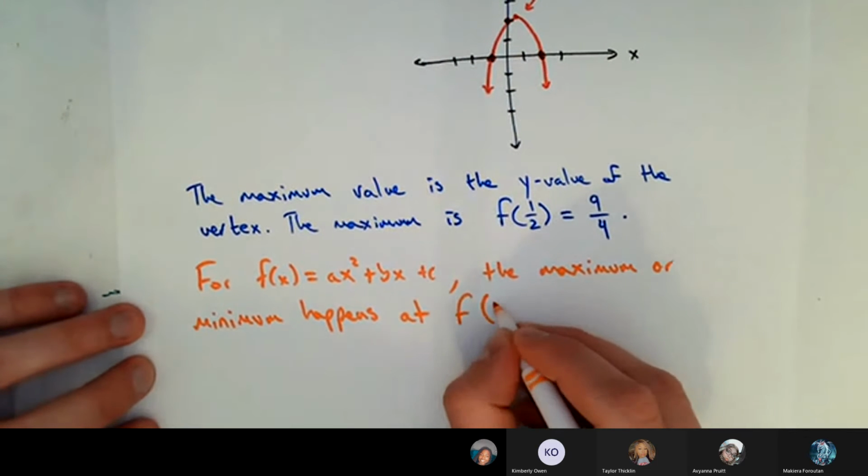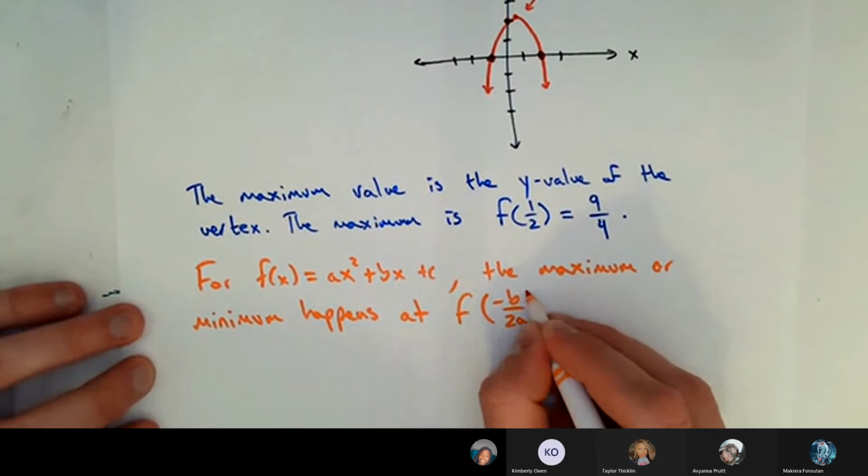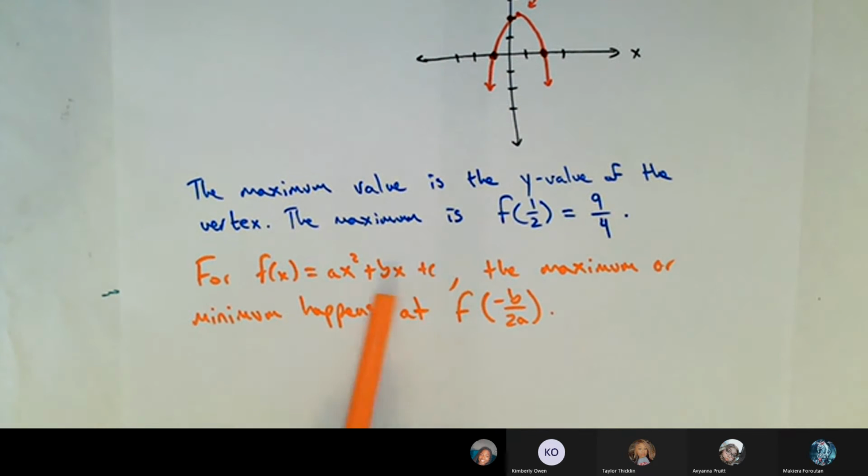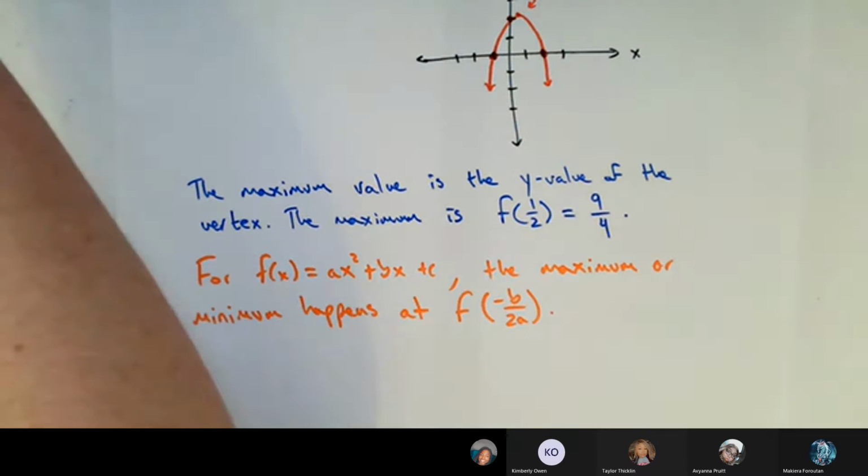That's how this goes. At -b/2a. That's the x value where the maximum or minimum is happening. And what are these letters, -b/2a? They're coming from the coefficients when it's written in this given form here.